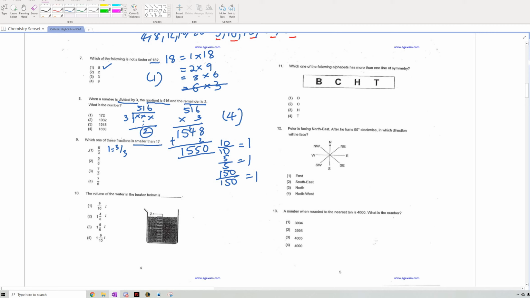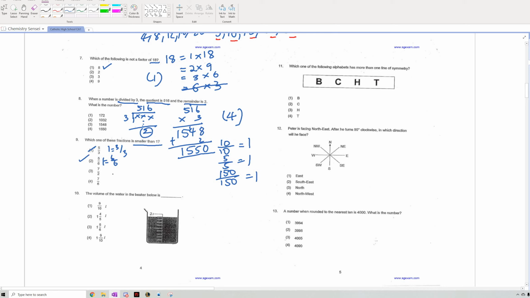Thus, this cannot be the answer. Next, 1 is equal to 6 over 6. How do I know 6 over 6? We use the number on the denominator. As 5 is less than 6, that's how we know that option 2 is the correct answer.